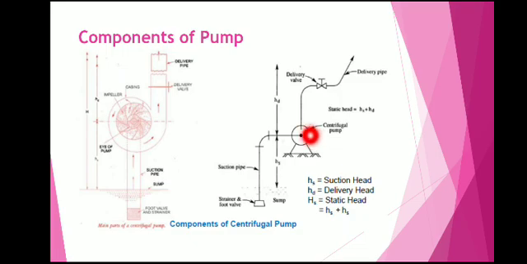Similarly, from the center of the pump to the delivery valve is known as delivery head. And static head, we know, is the sum of suction head and delivery head.